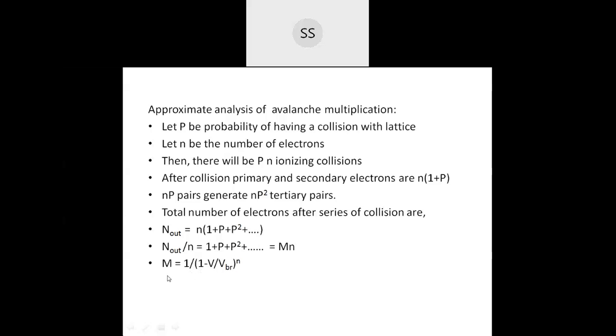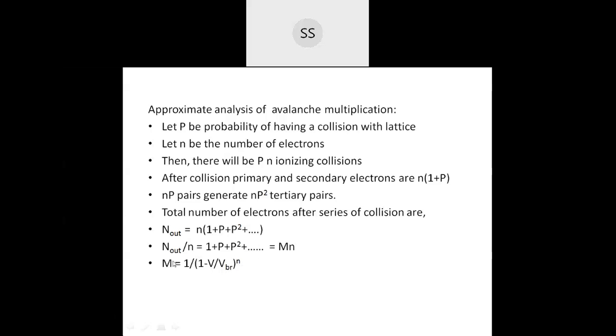Here, capital M is a function of the applied reverse bias voltage as well as N. N varies from 3 to 6 depending on the type of material used for the junction. In problems, if any N value is mentioned, then it can be used for the calculation.